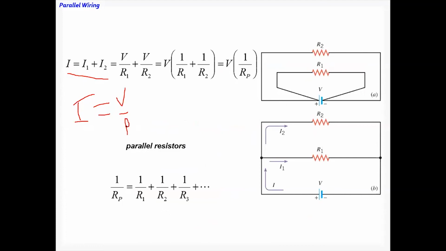So what will be I1? Because we know I equals I1 plus I2 in parallel, right? So then what is your I1? I1 equals V1 over R1. Similarly, I2 equals V2 over R2. But instead of writing 1 and 2 here, I simply write V. Why? Because the voltage across this one and this one are the same, right?